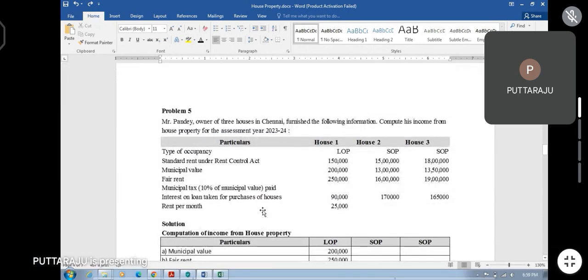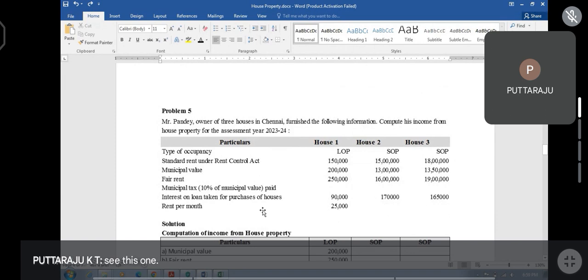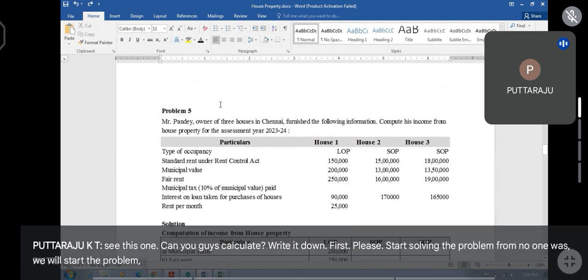See, this one. Can you guys calculate? Write it down. First, please start solving the problem. From now onwards, we will start the problems. Please write down: Problems on house property.